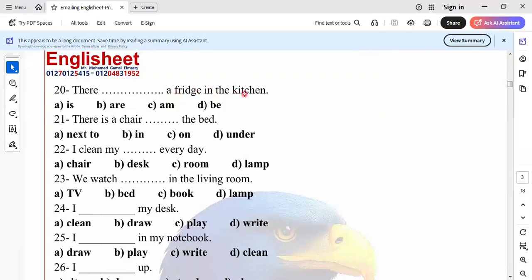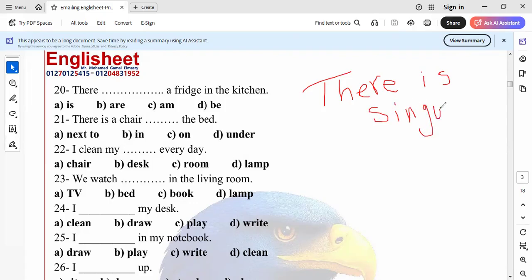Space a fridge in the kitchen. So here it is singular. So the answer will be here is. We learned during our lesson that we have there is for singular, and I would like to remind you.